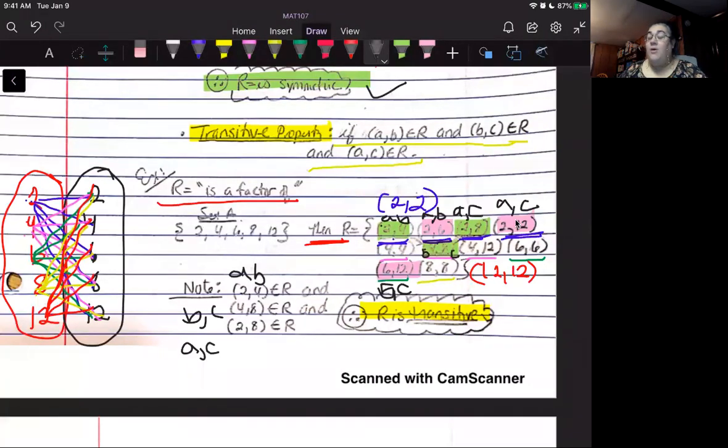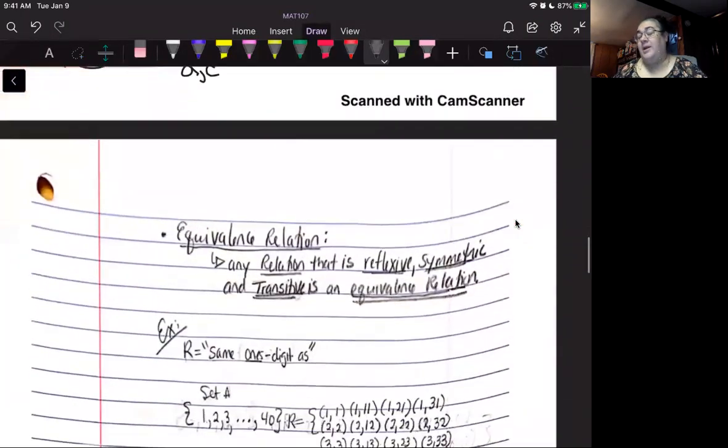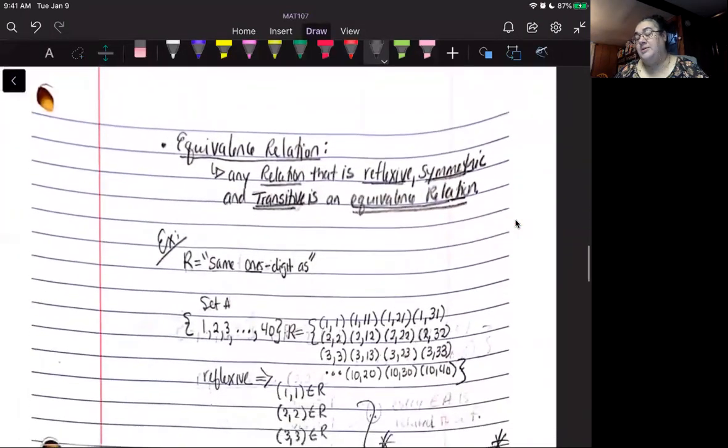Now, I told you that any relation that we look at could have one of these properties, might not have one of these properties. However, when you get the trifecta where it has all 3 of the properties, we call that an equivalence relation. And that's how it's defined. It is a relation that is reflexive and symmetric and transitive.